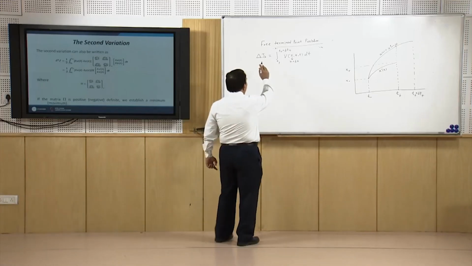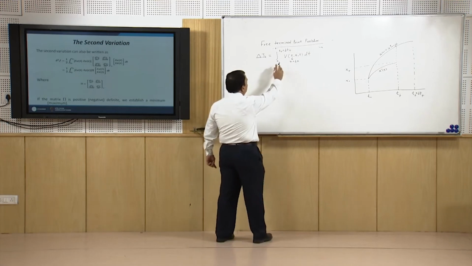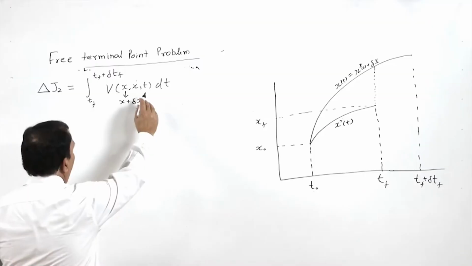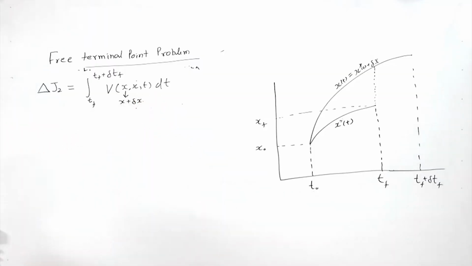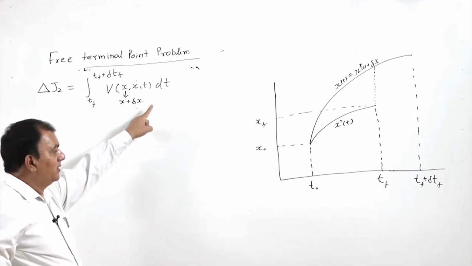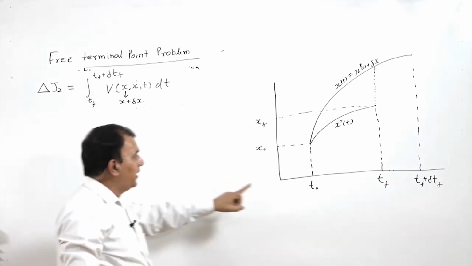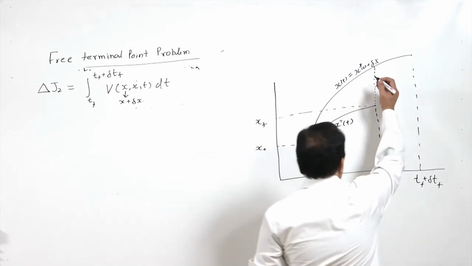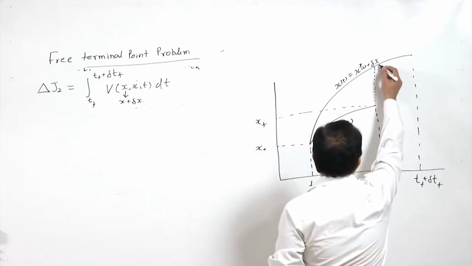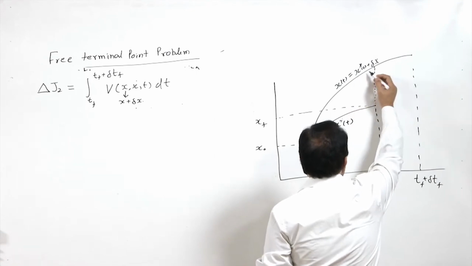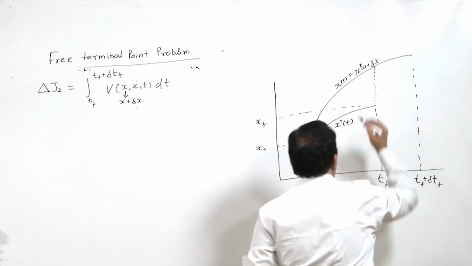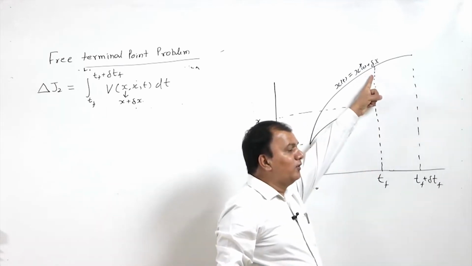So, we can recall that delta J2 we are representing as the integral from Tf to Tf plus delta Tf of V(x, x dot, t) dt. What does this integral represent here? My limit is from Tf to Tf plus delta Tf, and the V value depends on x, which is x star. So, at this point the value of x will be x star of Tf.